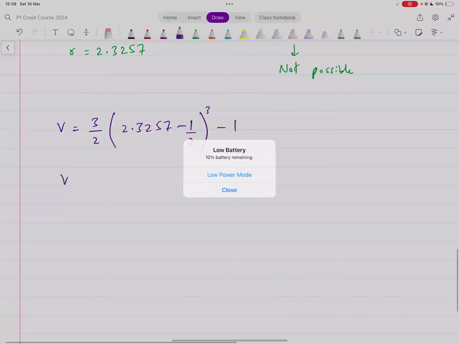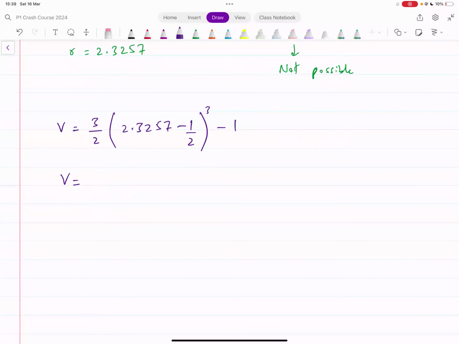Just evaluate this, and that should give you the volume at that point. 1.5 into (2.3257 minus 0.5) whole cubed minus 1. So 8.13. Volume should equal 8.13 at this point.